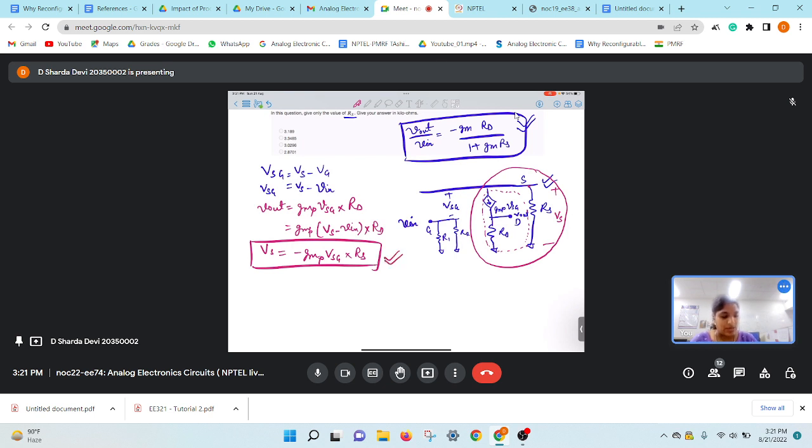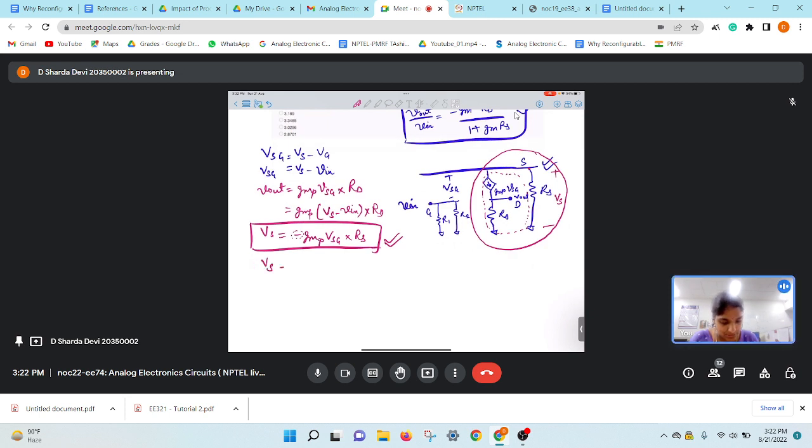I would like to know how many of you got this expression. How did I come to this conclusion? Is the expression for Vs clear? The current is reversed, that's why this minus is coming into the picture, and since it is a single path, a single current will flow. This is clear, right? Okay, now we can solve it.